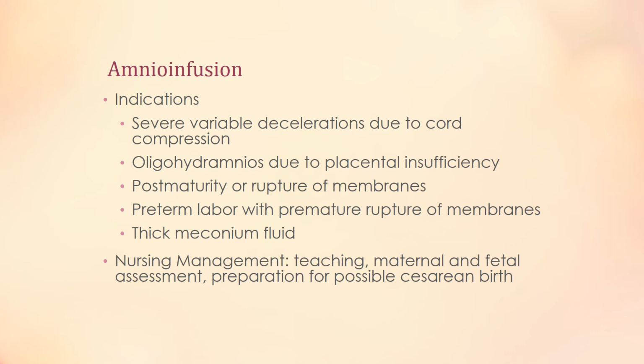This is done with the use of an intrauterine pressure catheter so that we can hook up warm IV fluids to it. If it's for meconium, we're usually running the fluid in and running it right back out to flush.